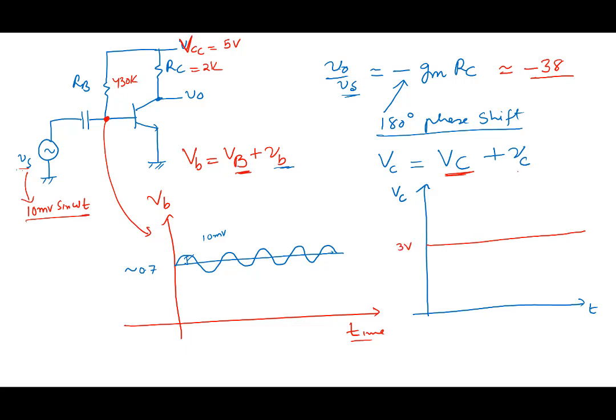And then what is this value here? This is nothing but equal to V0. And V0 is what? Equal to the gain, minus 38, times Vs. So where will it go? How will it look?